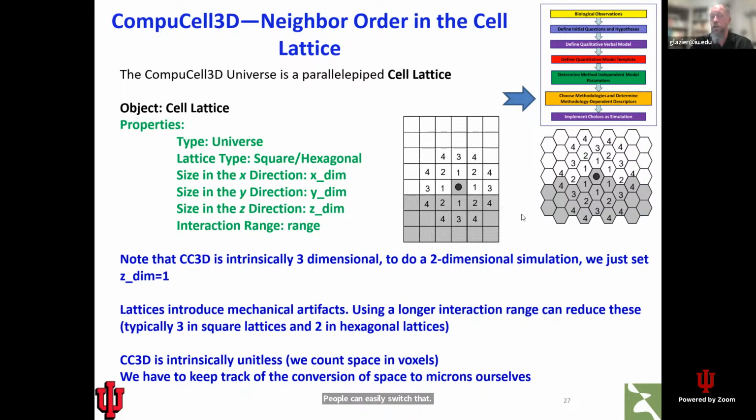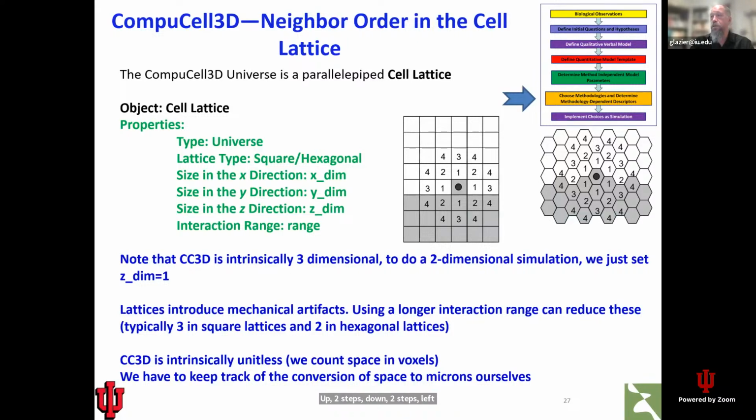We need to think about neighbor order. If we have a voxel, its nearest neighbors are up, down, left, and right. It has 4 nearest neighbors in 2 dimensions. The second neighbors are the corners, which are labeled 2 in this picture. The third neighbors would be going out 2 steps up, 2 steps down, 2 steps left, and 2 steps right.